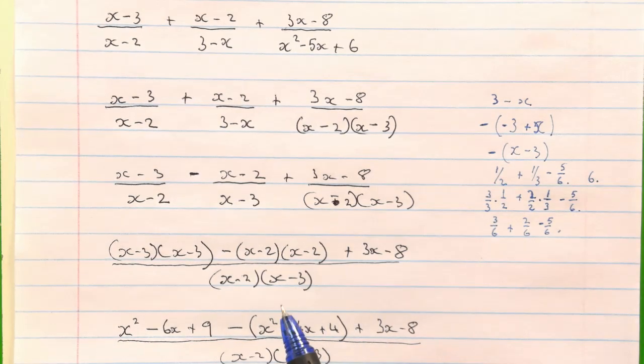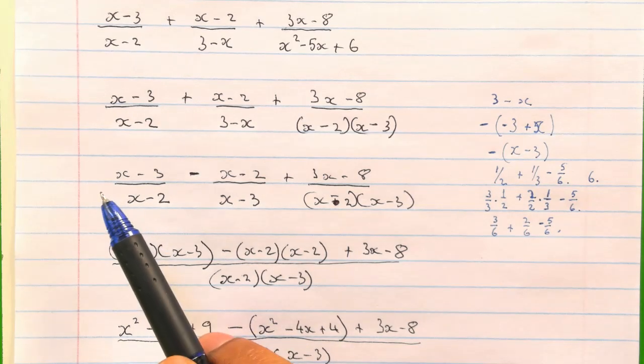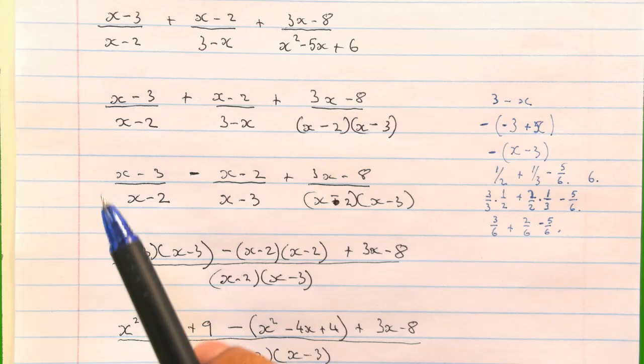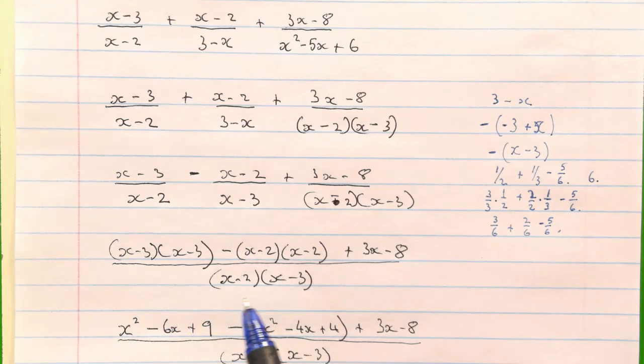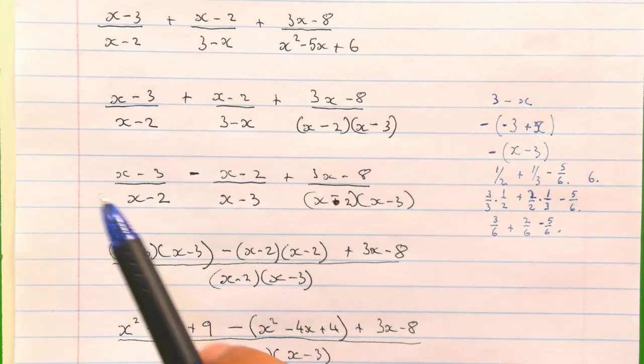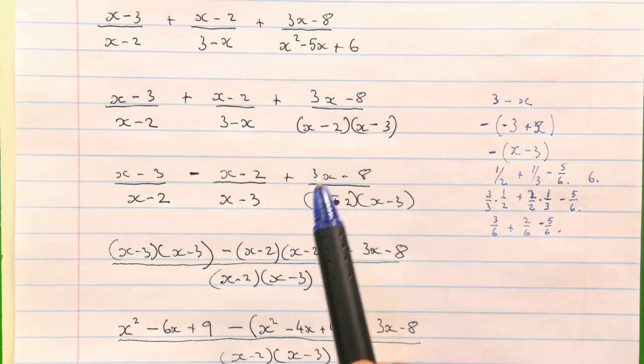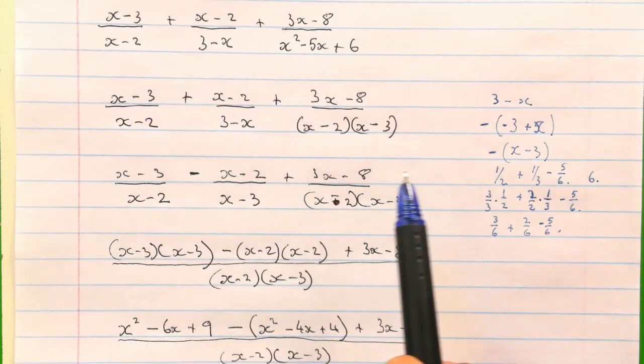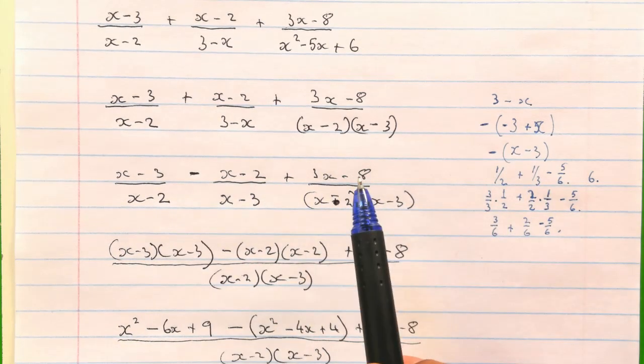So what am I doing now? I have simplified this by not putting the LCD in each and every one of these because it was going to be long. Okay, it was going to be long.